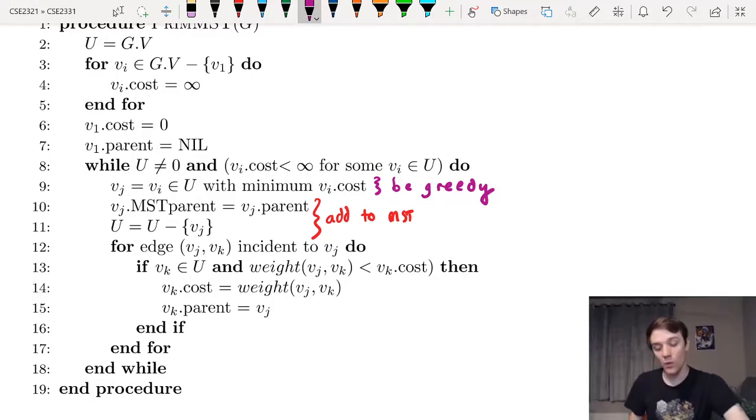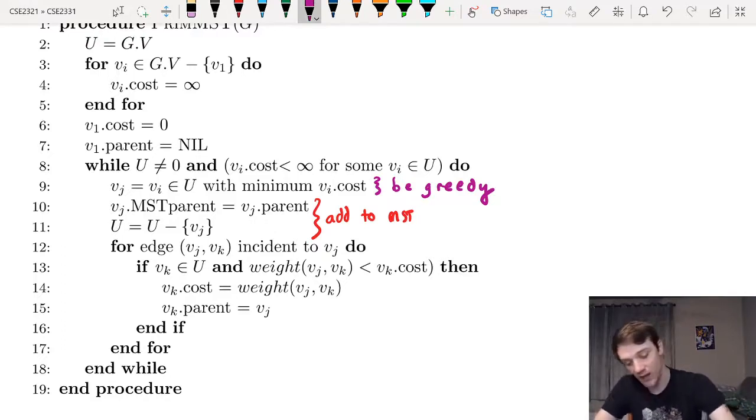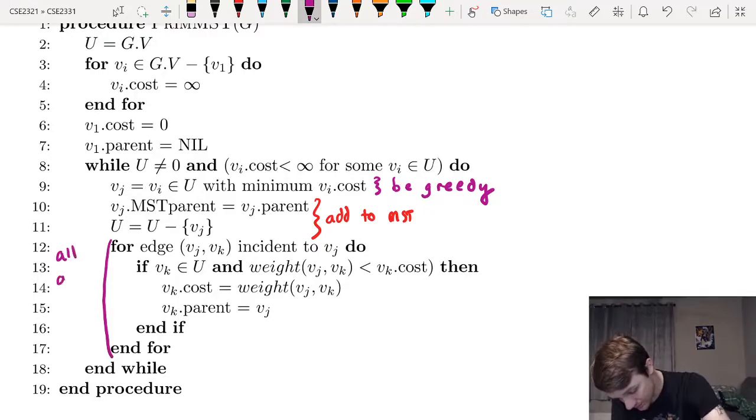So the one downside here is that now we need to update all of the things that were adjacent to the node we just added. So this is for every vertex adjacent to v sub j. So all adjacent vertices, ADJ for adjacent. I'm just going to say nodes because it's easier.